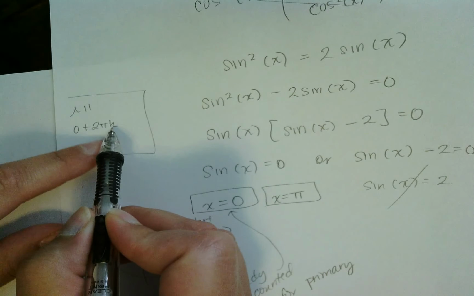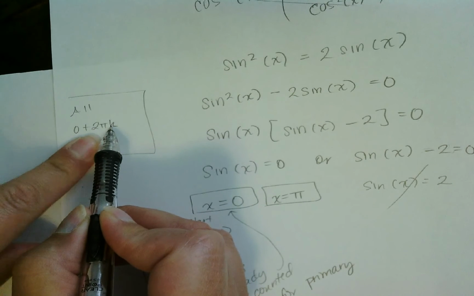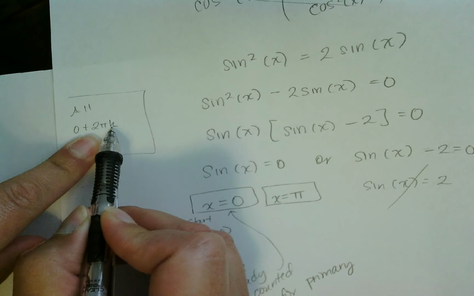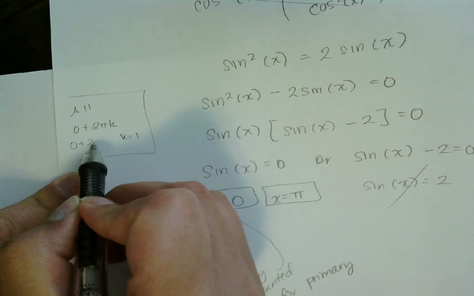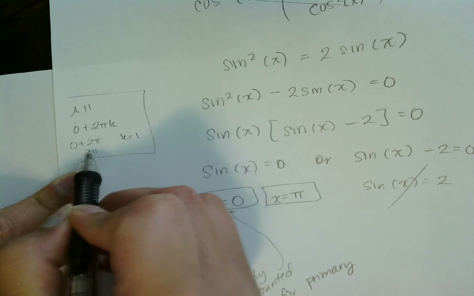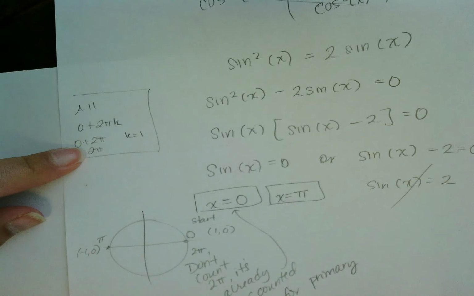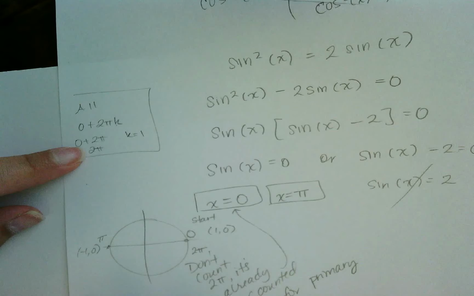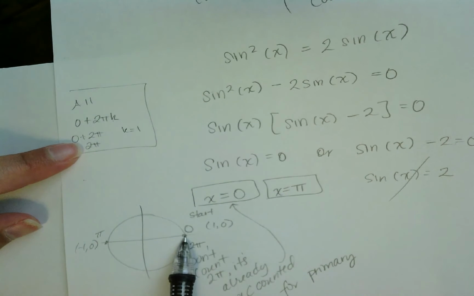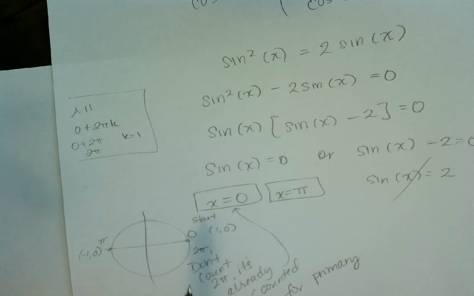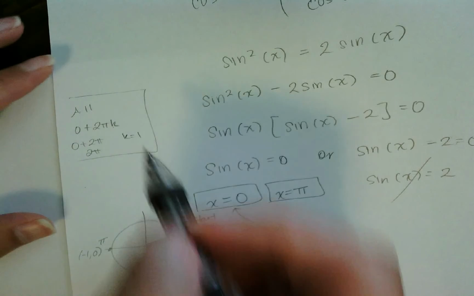So if k equals 1, you hit it right there at that first lap. If k equals 2, then you get 4 pi and so on. So with all of them, that's when it finally hits that a second time.